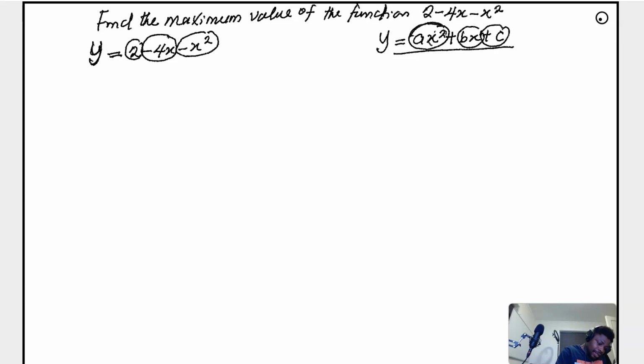So I can write this as y is equal to minus x squared first, minus 4x, and plus 2.